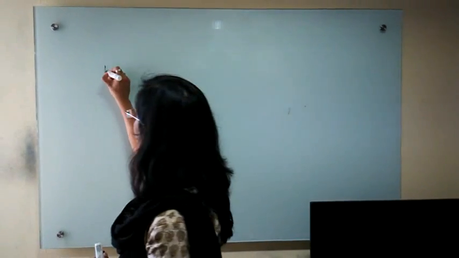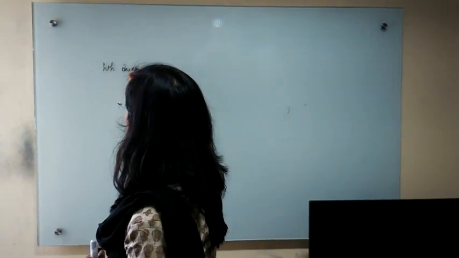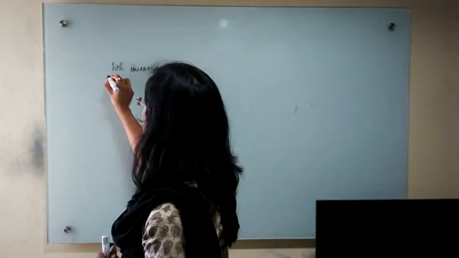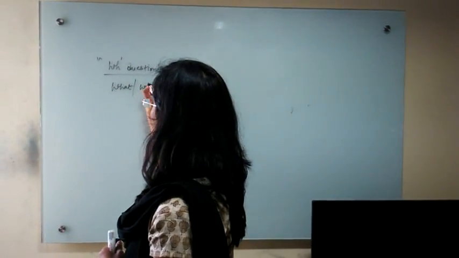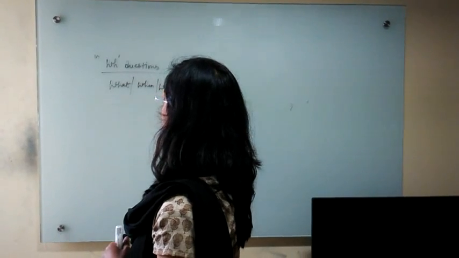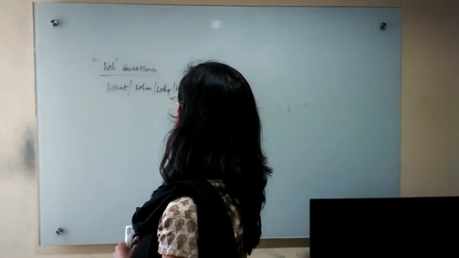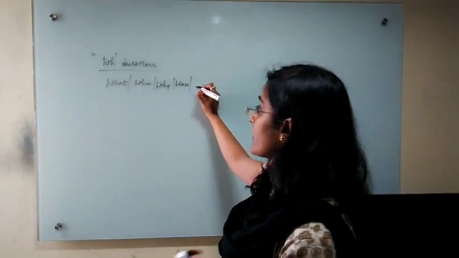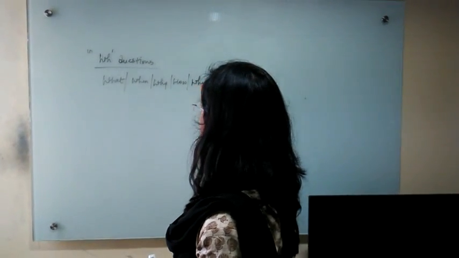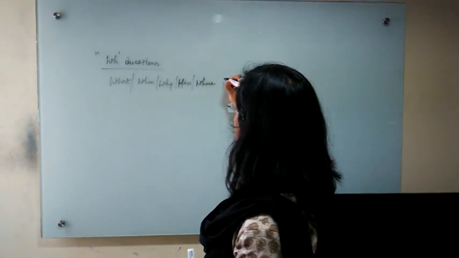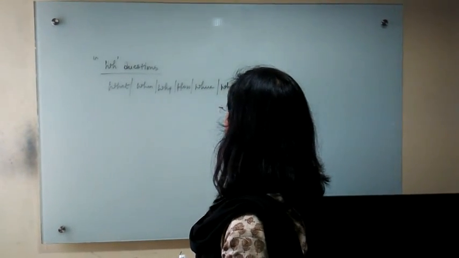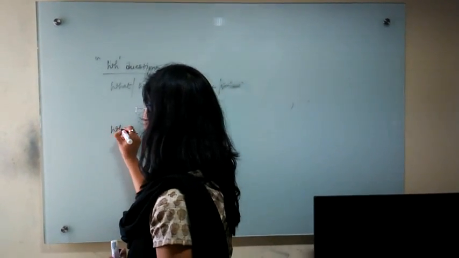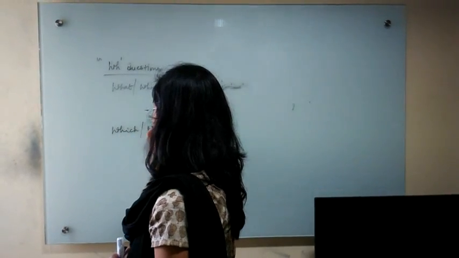So the simple format is like this. We call them WH questions. I'll quickly write this: what, when, why, how, where. Then which and whose have a different structure.